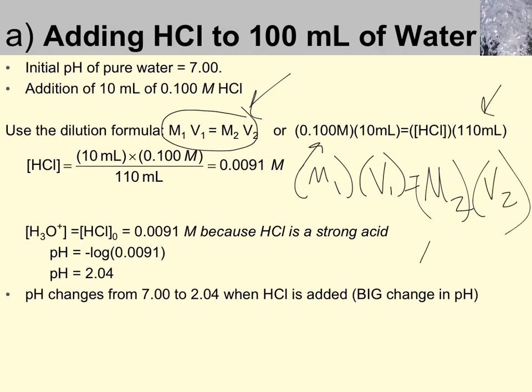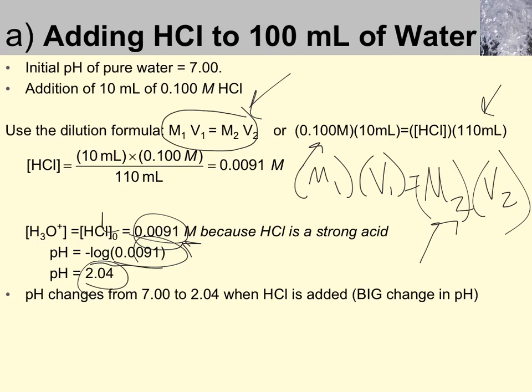And then you just solve for the new molarity, and of course you should get the same concentration. And then pH, since this is a strong acid, is simply minus log of this new concentration, pH 2.04.